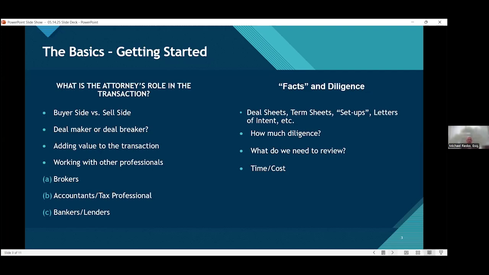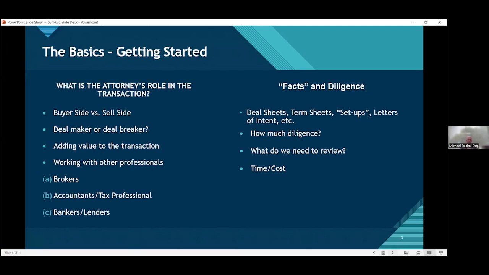If you're on the buy side, the broker should have some sort of package, not just a term sheet. They should have information related to the business itself, some kind of pro forma or a setup with more than just the basic information. Once you get past the initial inquiry, there should be more information available, and the broker often acts as the conduit for the diligence materials.